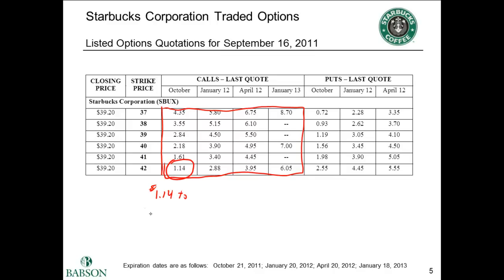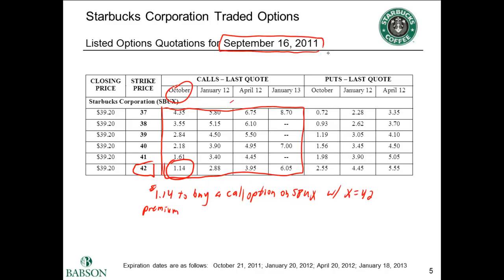That's the premium, the price that you would pay up front to buy a call option on Starbucks stock with a strike price of 42 on or before October. So the date on this chart is September 16th, 2011.